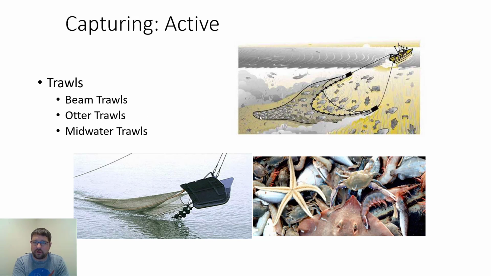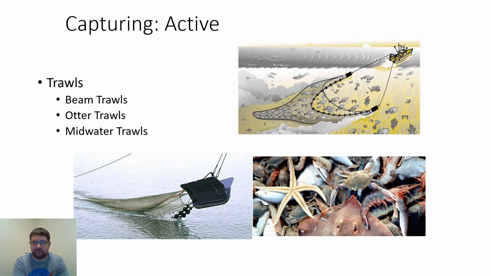Otter trawls are very similar to beam trawls. Sometimes they'll have an otter board that occurs in the middle, which keeps this net open. Other times they'll have these otter boards on each side, which are a little different design, and that will keep that open.